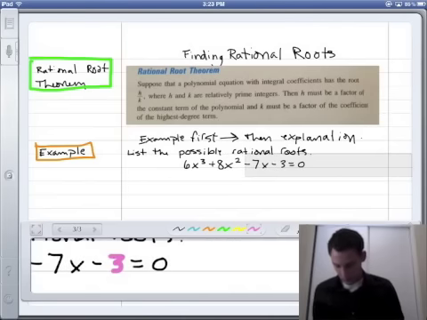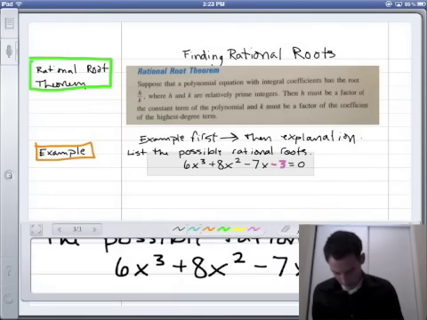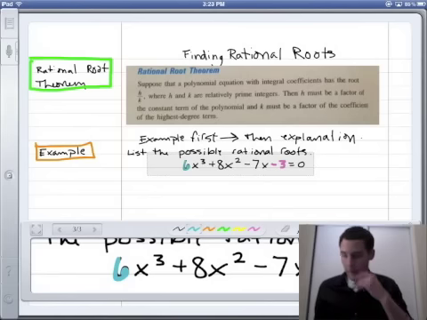And what I want to do is color this in pink, actually, and then the 6 in blue. And you'll see why in a moment.